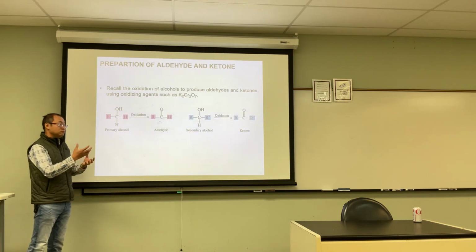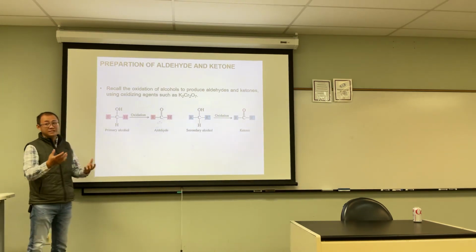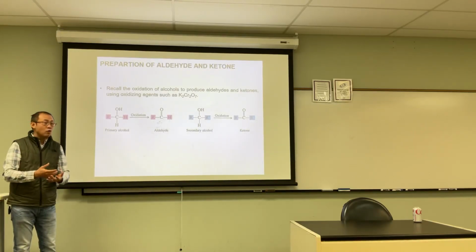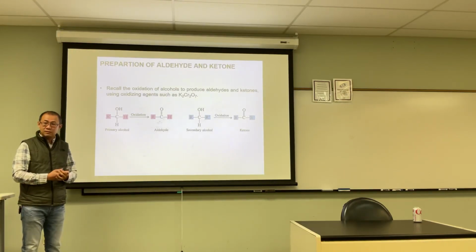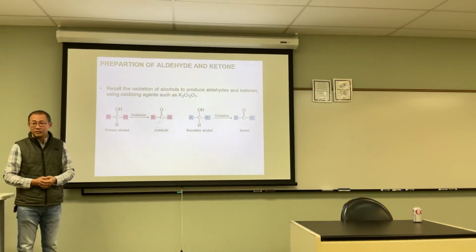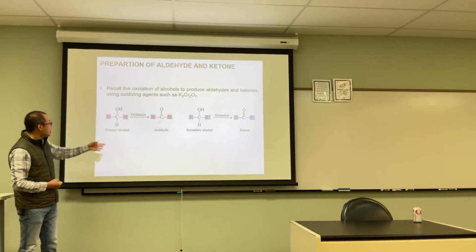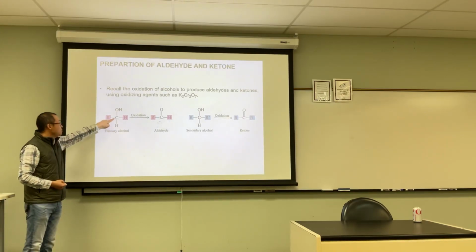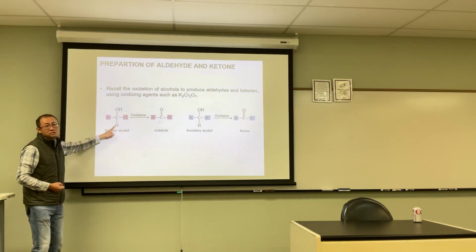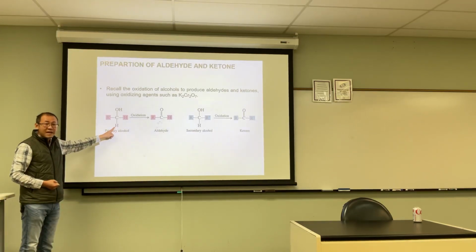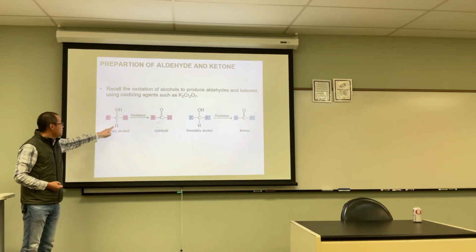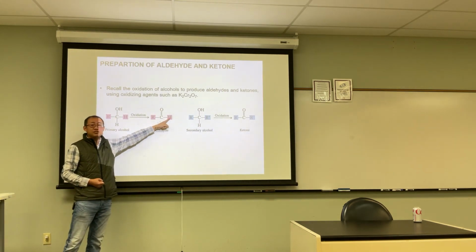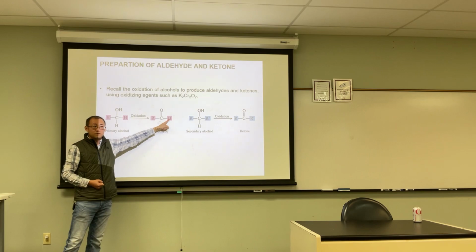Now, the reaction of oxidation is the same, but based on what type of alcohol you're oxidizing, you may end up with two types of product. If you start with a primary alcohol, in which the C has two hydrogens, after oxidation this carbon will still have a hydrogen remaining, right?